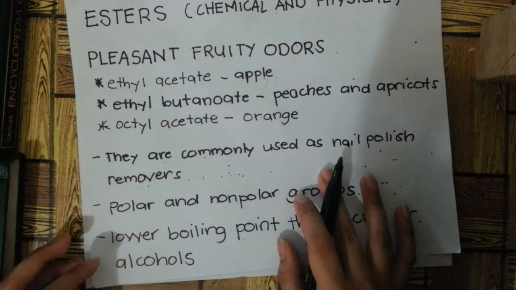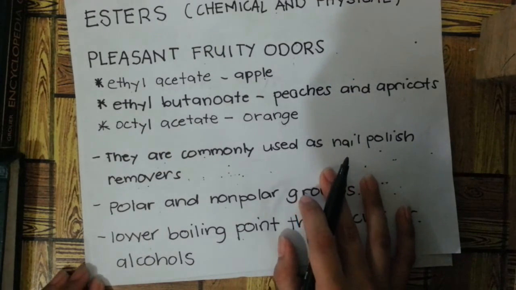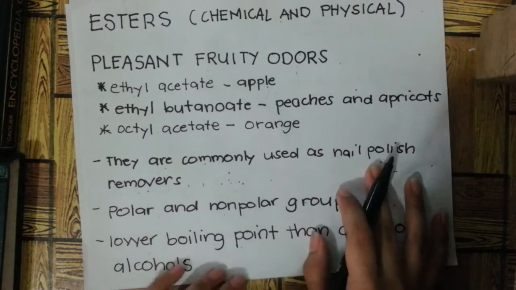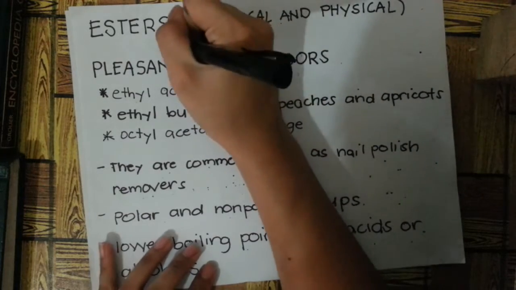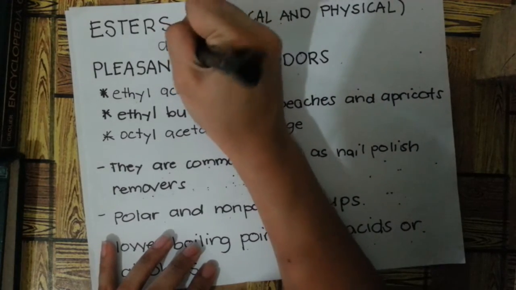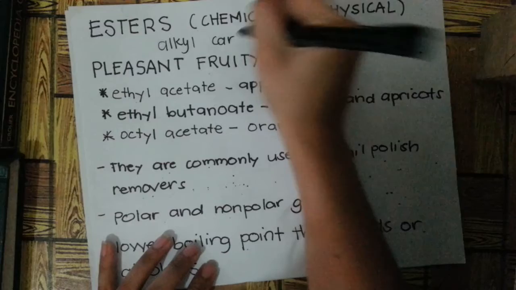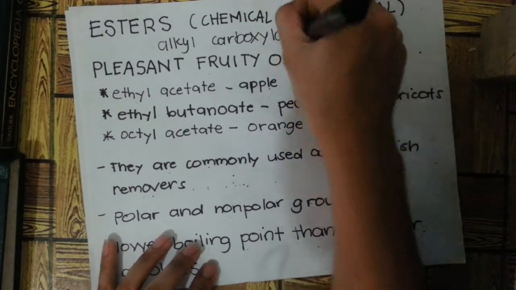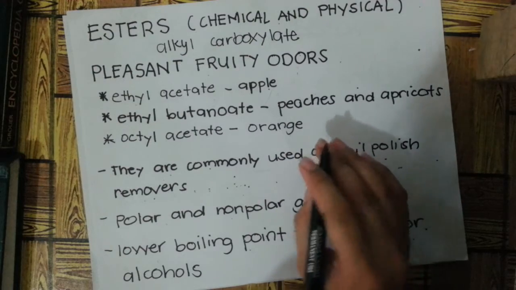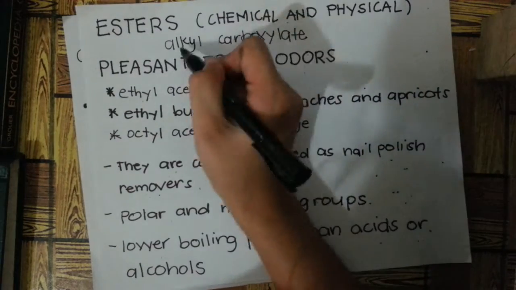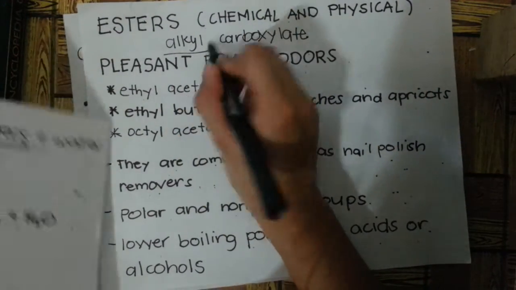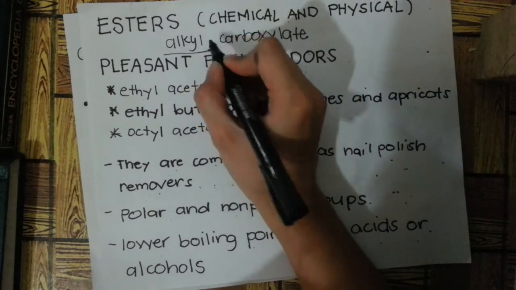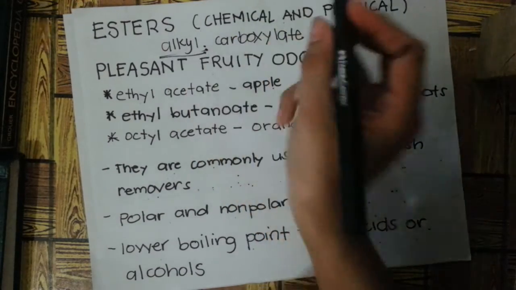Another piece of information about esters is that esters are called alkyl carboxylates. Let's move back to the reactions. Alkyl came from the alcohol reactant, which is called alkyl alcohol.